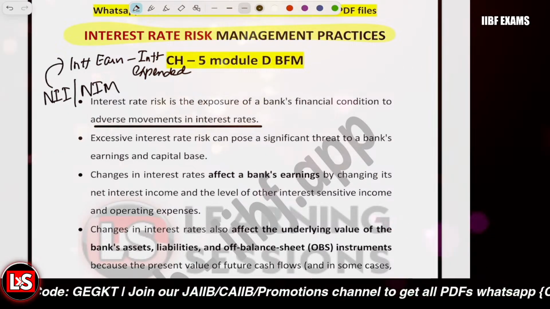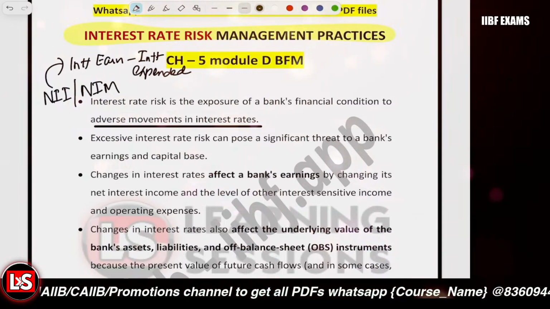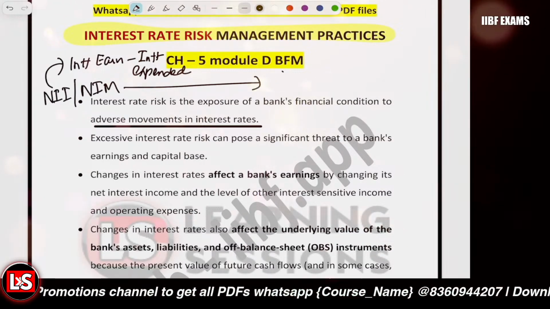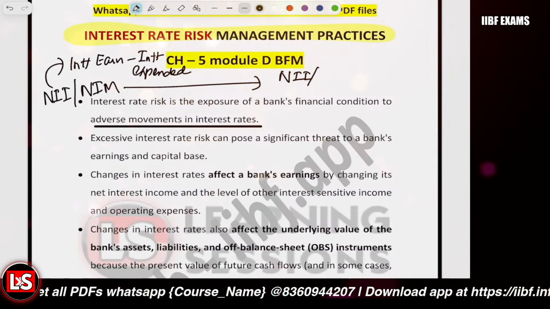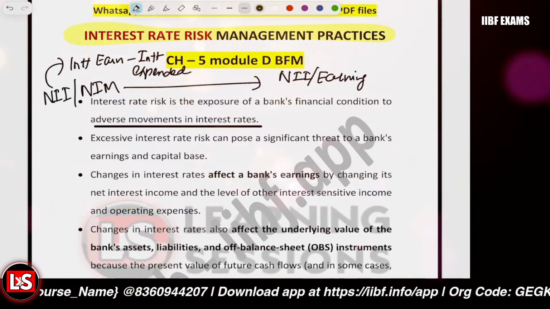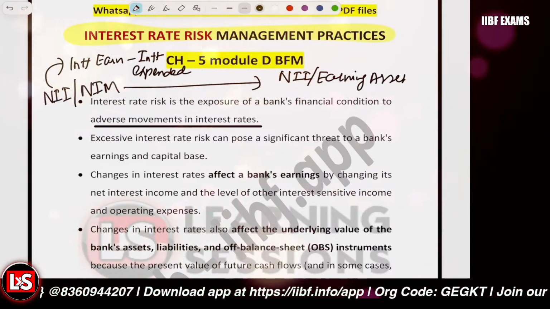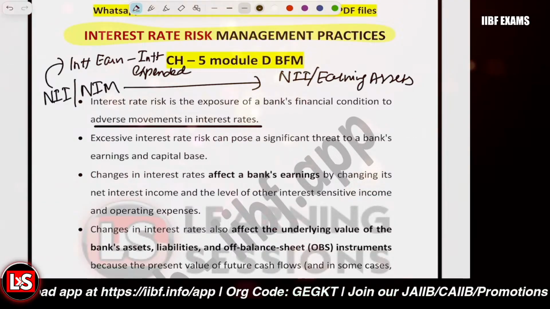Any idea? The NIM formula is, let me write over here: NIM is equal to net interest income divided by the average earning assets, or simply we can say the earning assets. This is the formula related to the NIM.